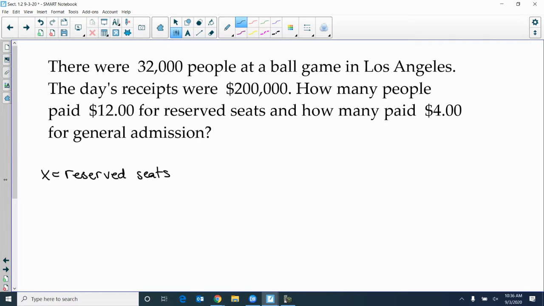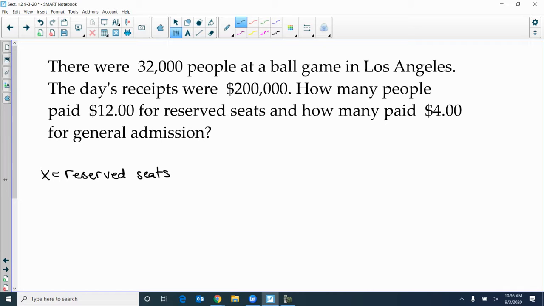Now, eventually you can get to the point where you do systems of equations with this one. We're not going to do that. We're going to do a linear equation. That means I need to write the number of general admission seats in terms of X. We know they both have to add up to 32,000, right? There's 32,000 people.